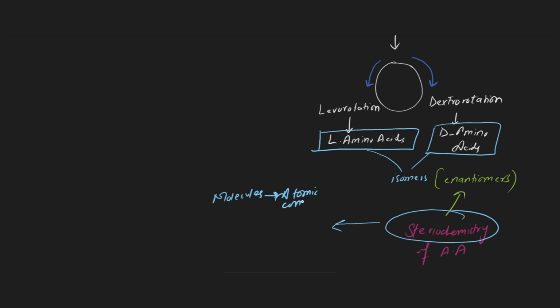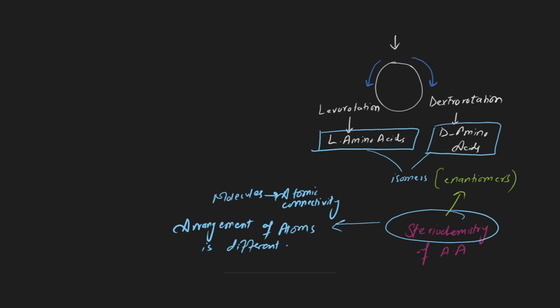Same atomic connectivity means the number of atoms in them is the same, but the arrangement of the atoms is different. So stereochemistry basically deals with molecules which have the same atomic connectivity but different arrangement of the atoms.